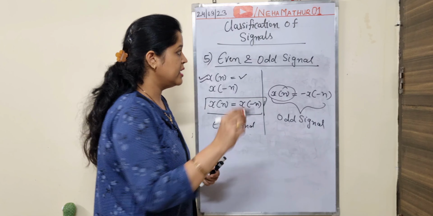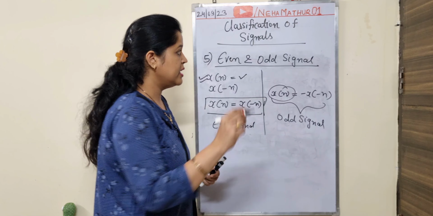The third category is causal and non-causal. Causal means the given signal is equal to 0 for t less than 0, and if the given signal is equal to 0 for t greater than 0, it will come under the category of non-causal signal. The next is even and odd signal.